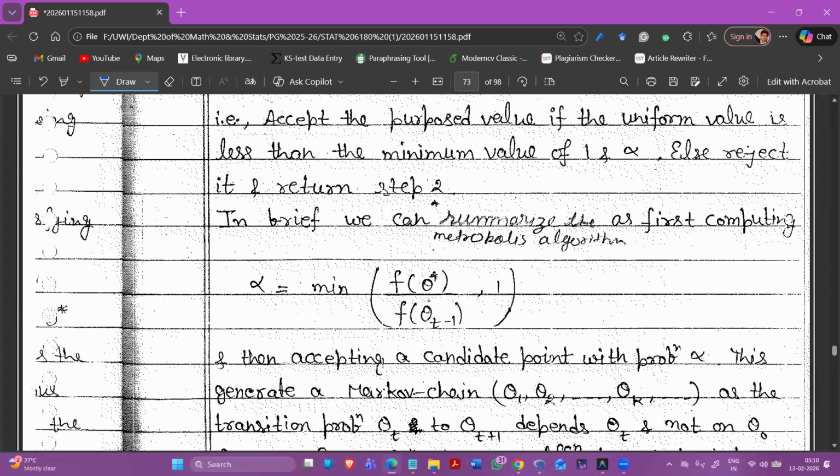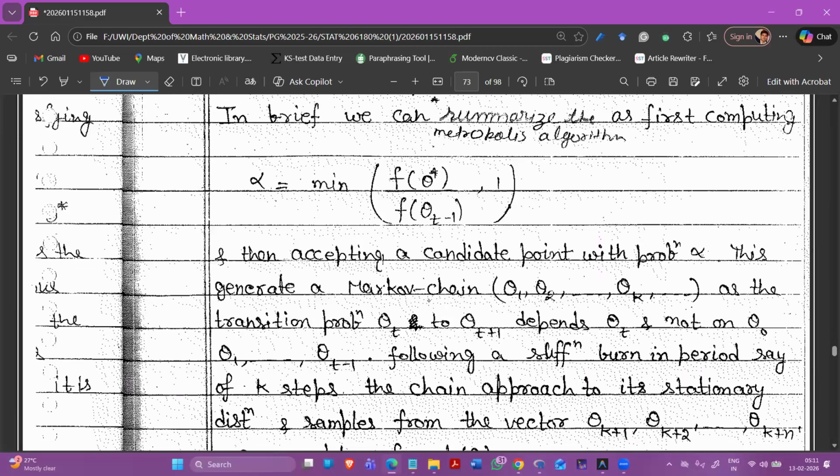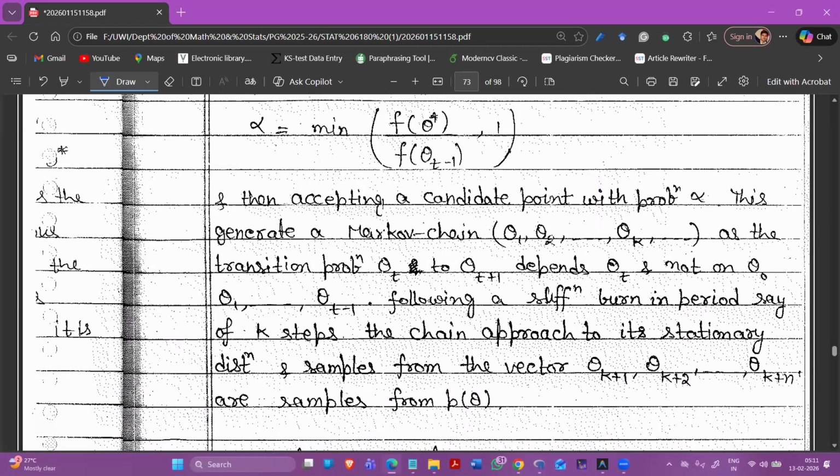So basically, how you will summarize this: alpha is the minimum of f theta star divided by f theta t minus 1, comma 1. Then you will accept the candidate point with probability alpha and generate the Markov chain of your thetas here. Okay, how will you do it?